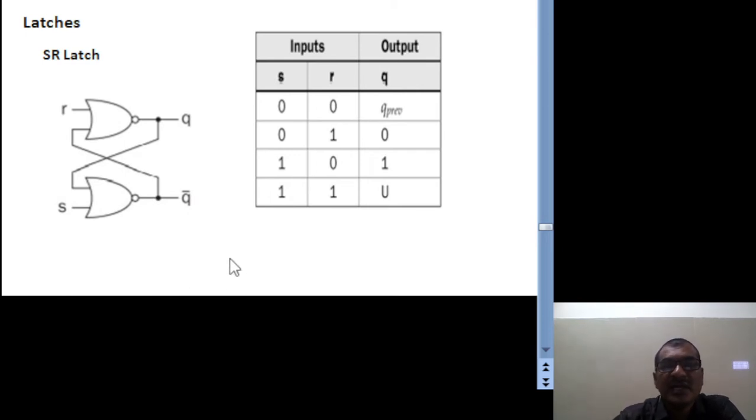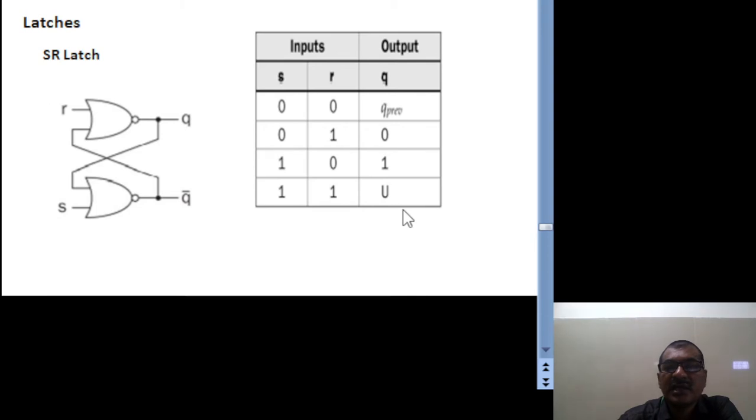So we can't say it is a set or reset state, and that's why it is referred to as the undefined state. Like that, you can consider the SR latch truth table and functionality using NOR gates.